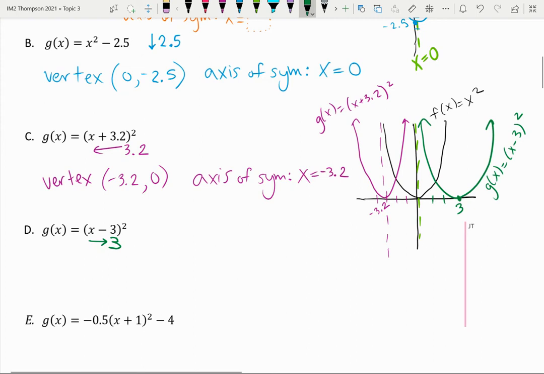So then where is that vertex? So right 3 is going to give me 3 comma 0.